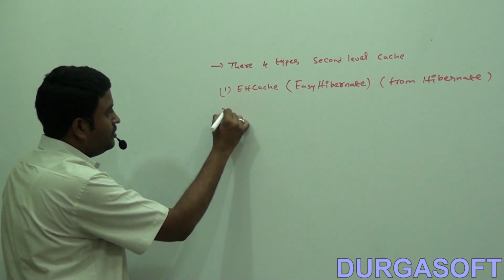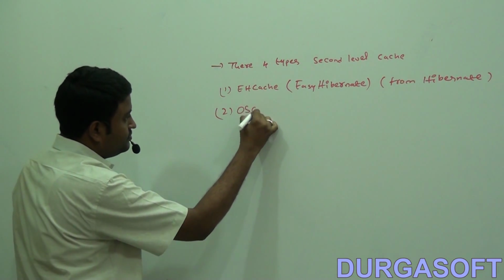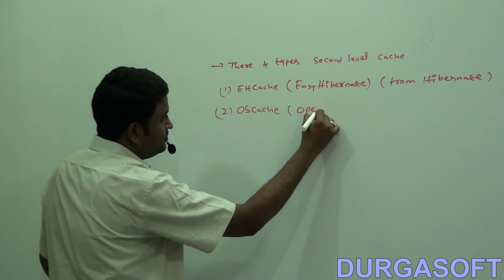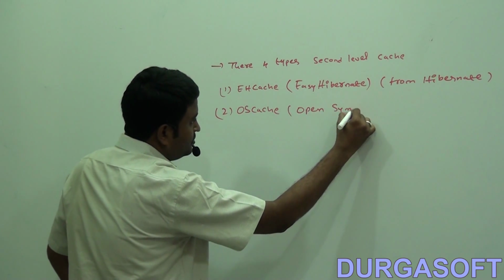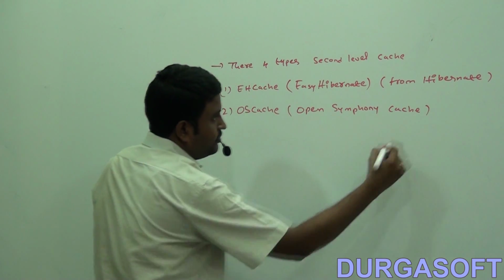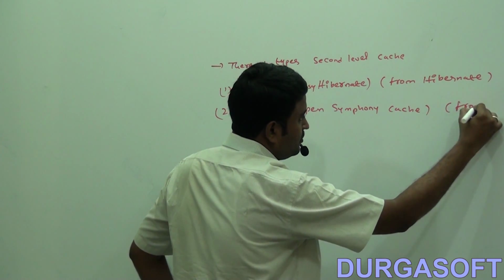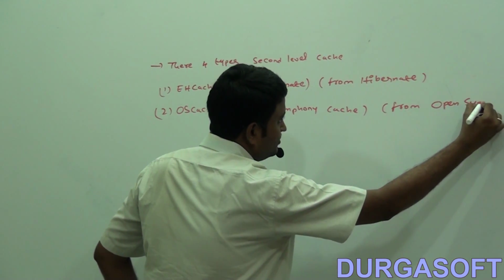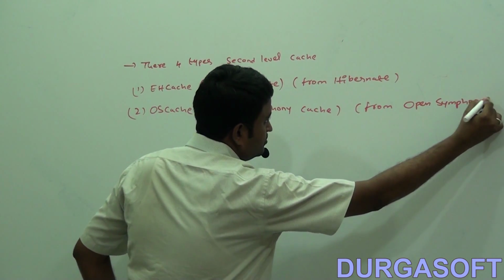Second one, OS cache, means OpenSymphony cache, from the OpenSymphony vendor, OpenSymphony company.